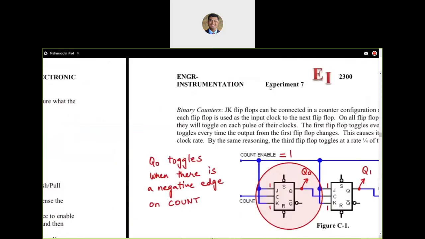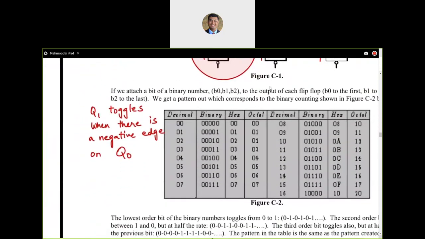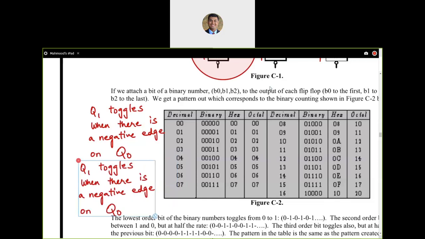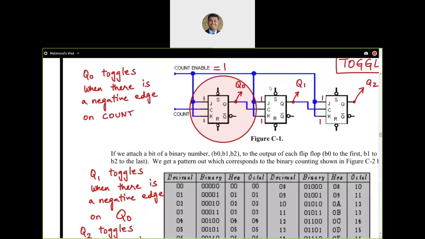In a similar manner, my third statement is: Q2 toggles when there is a negative edge on Q1, right? So those are my three statements: 1, 2, and 3.